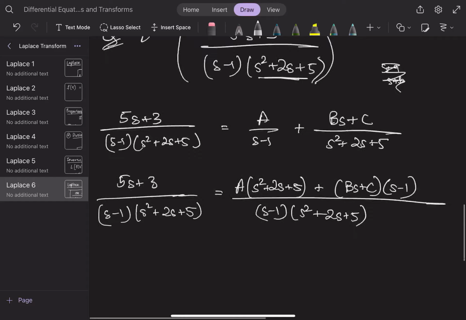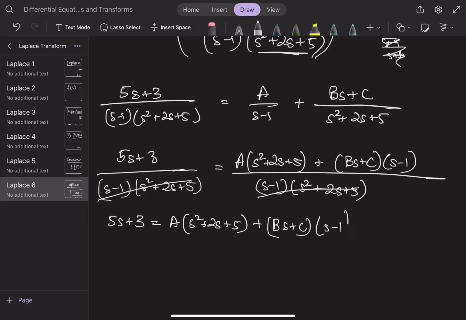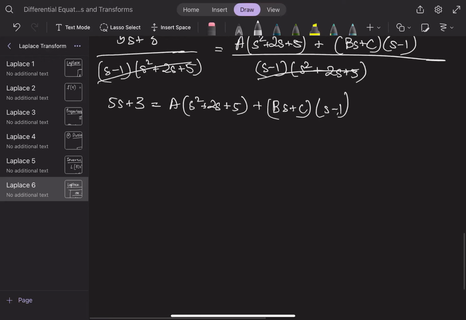So now we can cancel the denominators. So you get 5s plus 3 is equal to a into (s square plus 2s plus 5) plus (b s plus c) into (s minus 1). Now when I want to cancel a term, I cannot cancel this one, but I can cancel this one.